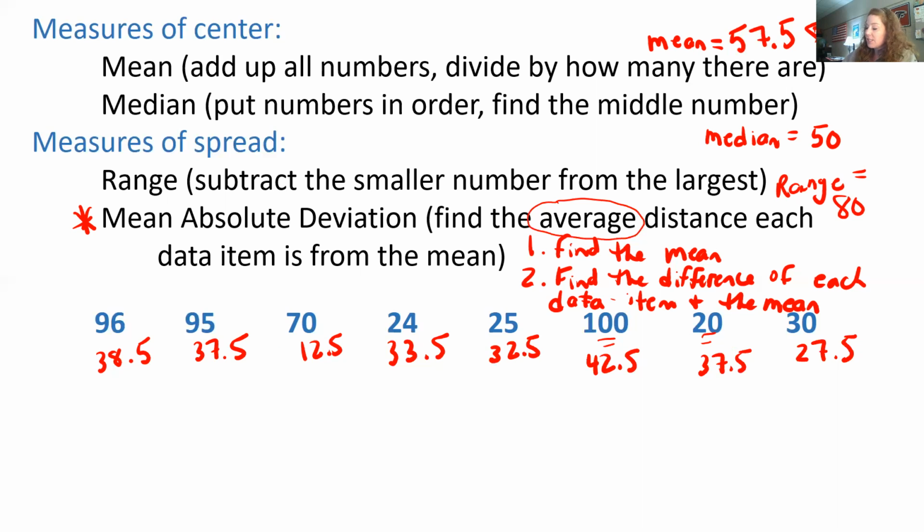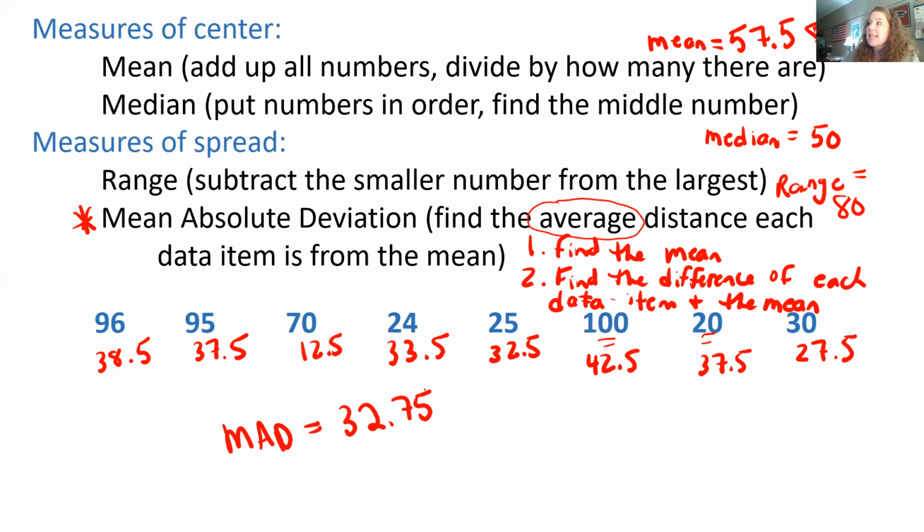And I got 262. There's still 8 numbers. So the mean absolute deviation is 32.75. So that number is big because these are scores.